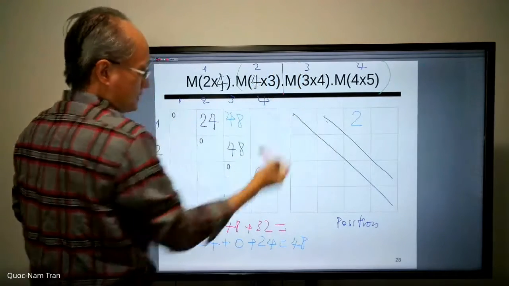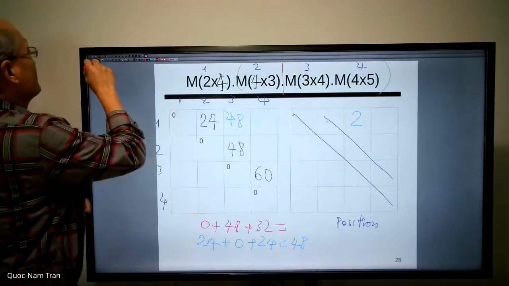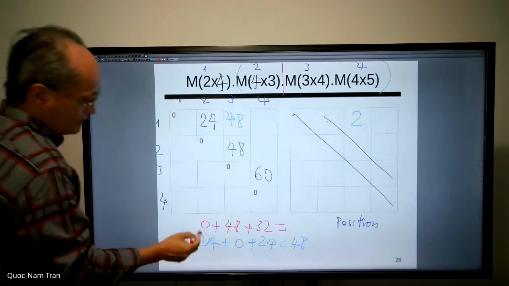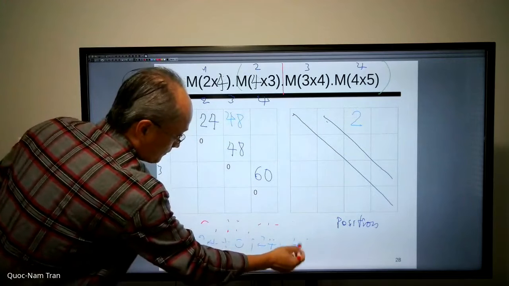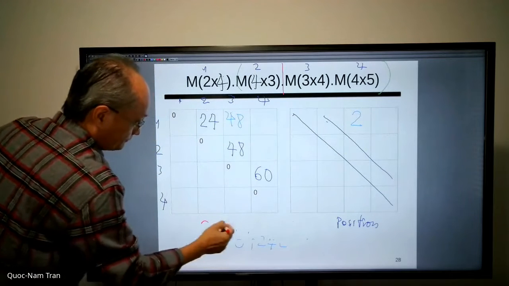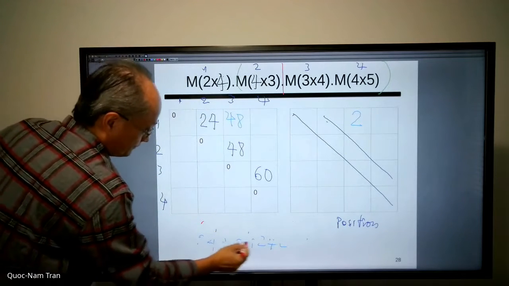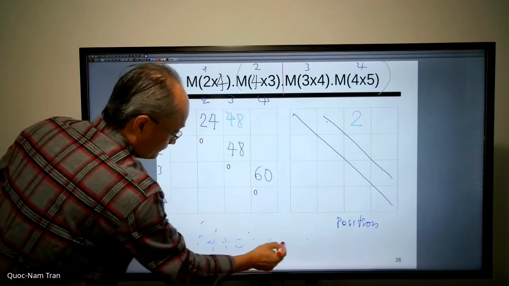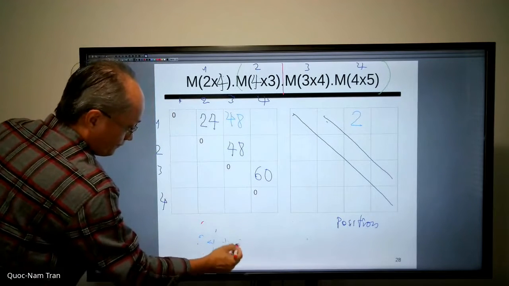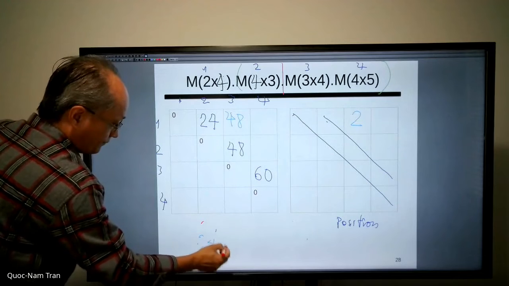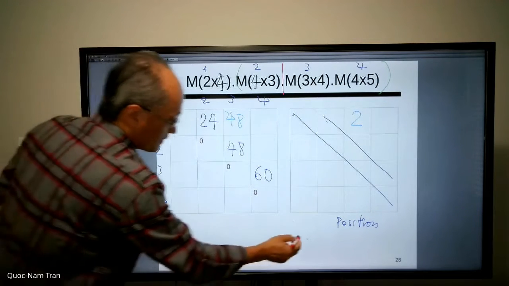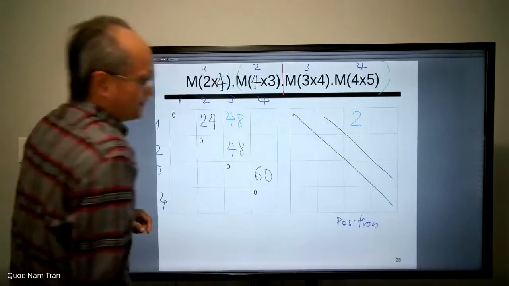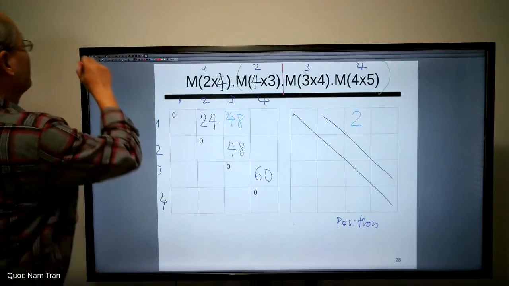The first way is here. Let me erase this one. Probably I need to find a faster way to erase the value. Okay, but all right, anyway.